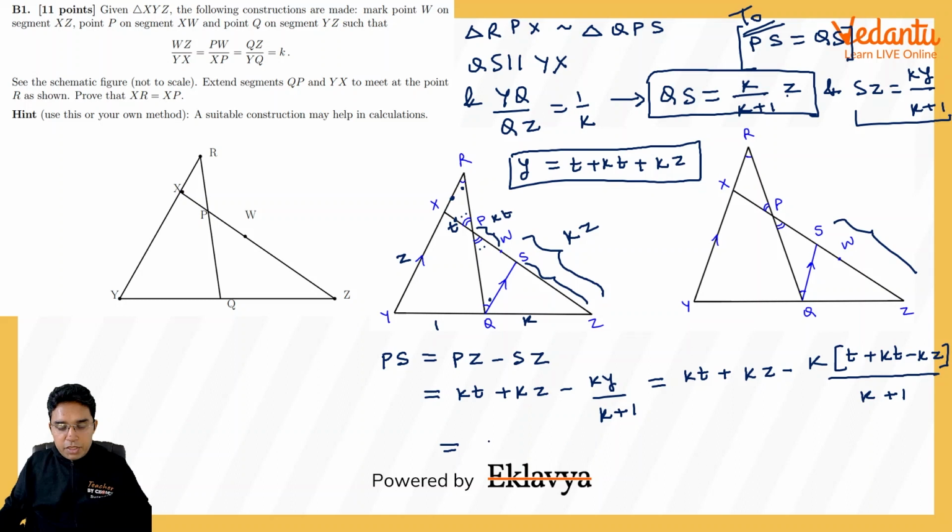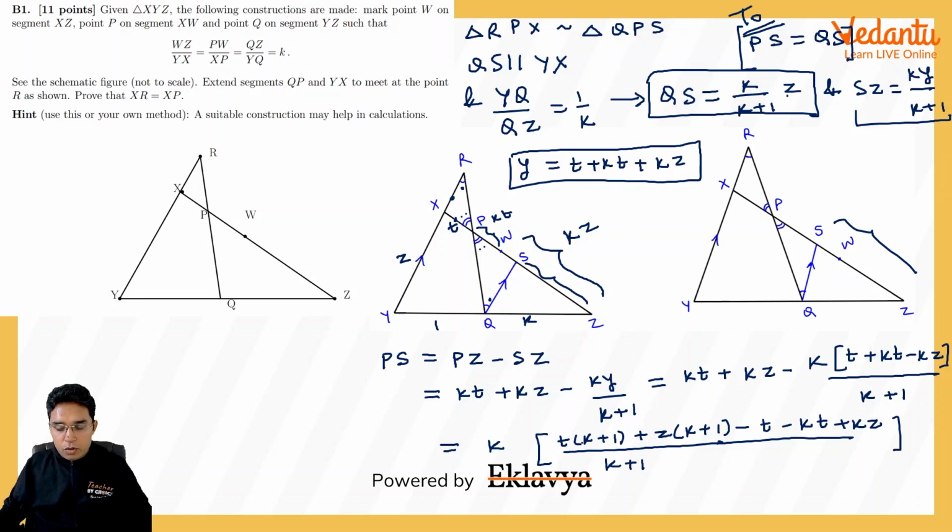In fact, you can check K is coming common everywhere, and if we take K plus 1 LCM, that will be t into K plus 1 plus z into K plus 1 minus t minus Kt and minus minus plus Kz.